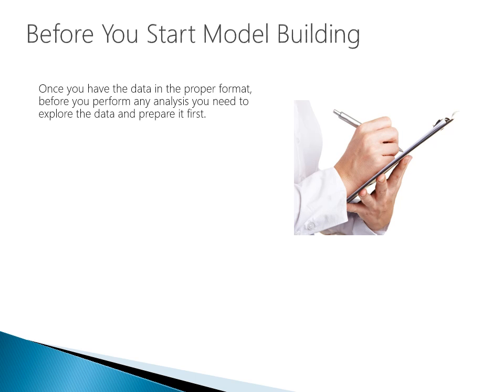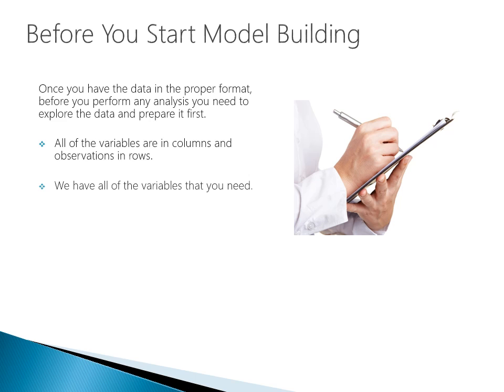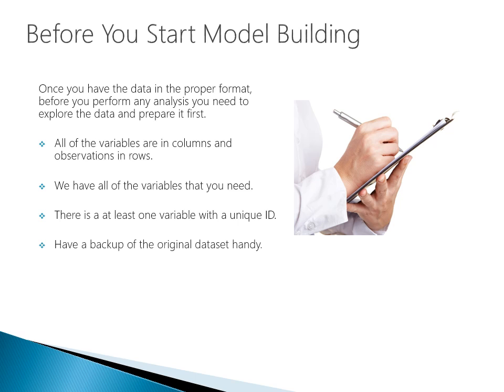Once we have the data in the proper format, before we perform any analysis, we need to explore the data and prepare it first. All of the variables are in columns and observations are in rows. It's a complete structure. We have all the variables that we need for our model building. There's at least one variable with a unique ID. We should also have a backup of the original data set handy.